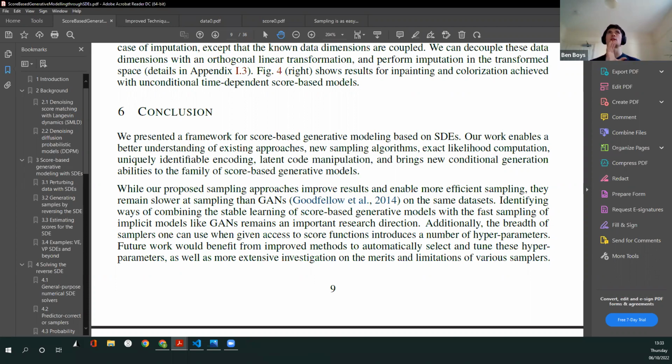But this one is part of a larger class of discrepancies between distributions. So what you're actually doing is you want to minimize the distance between your model and the true distribution. And in this case, the discrepancy is the Fisher divergence, which uses the score. And so that's why it's called score matching.